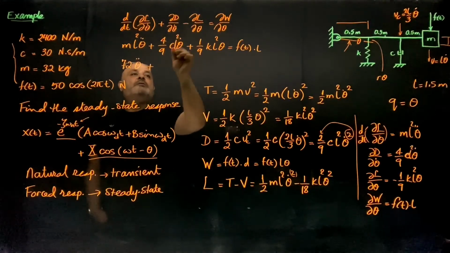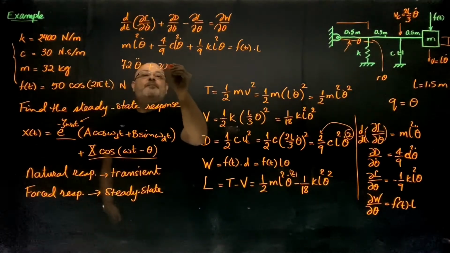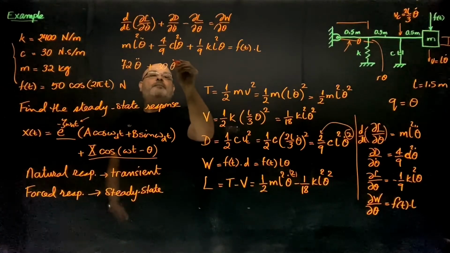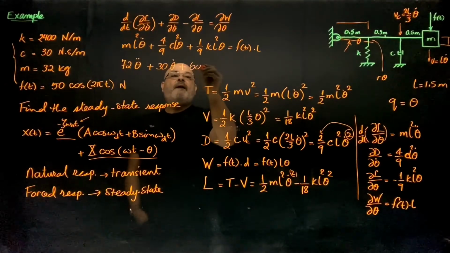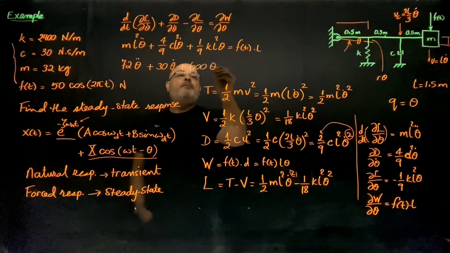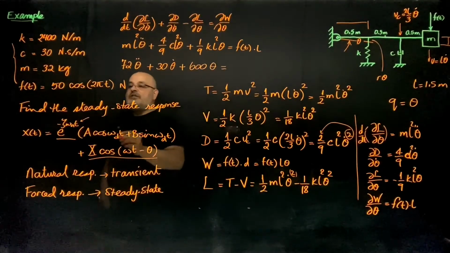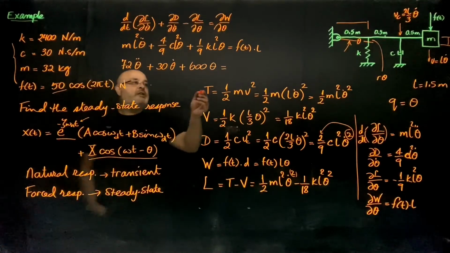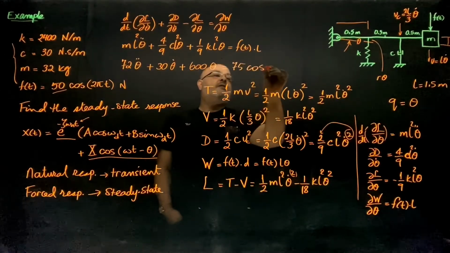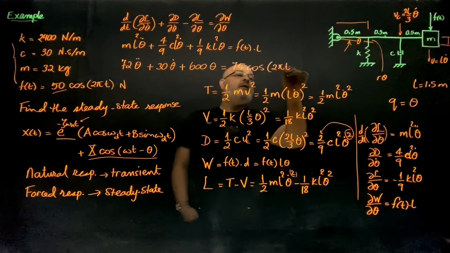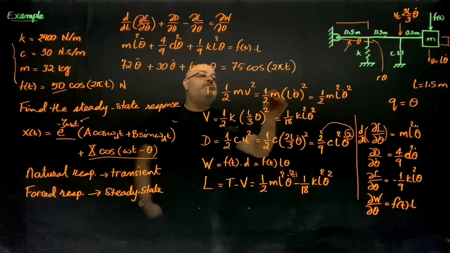So L theta equals f of t, which is 50, times L, 1.5, that makes it 75 cosine 2 pi t. And now this is my equation of motion.